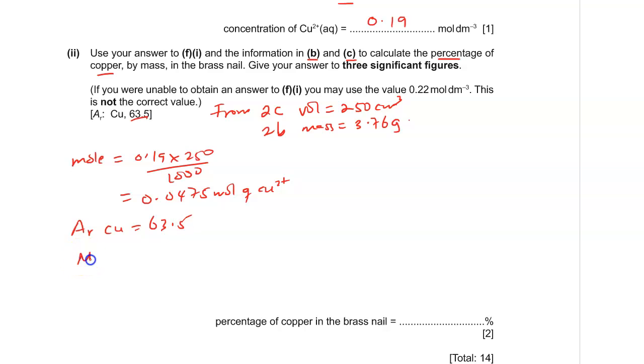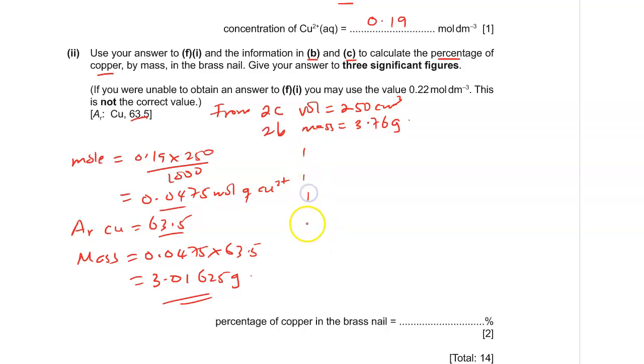Okay, so mass is equal to the number of moles of copper, 0.0475, times the Ar, which is 63.5, and what you get is 3.01625 grams.